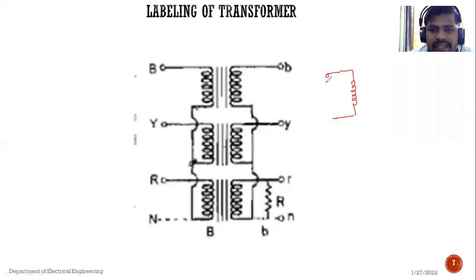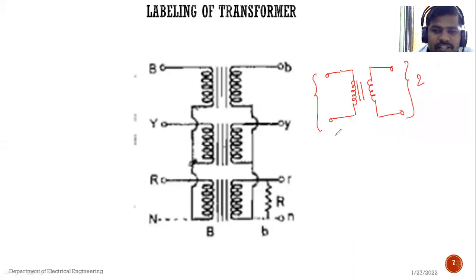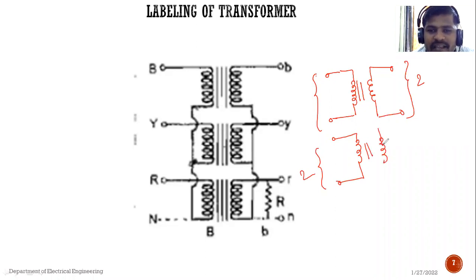See, this is a single-phase transformer. You people already know the single-phase transformer. This transformer has two terminals on the primary side. These are the two primary side terminals. This one is the two secondary side terminals. Similarly, another single-phase transformer has two terminals on the primary side, and again on the secondary side there are two terminals.